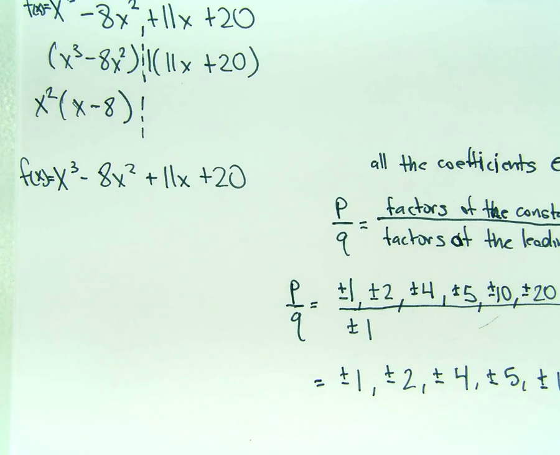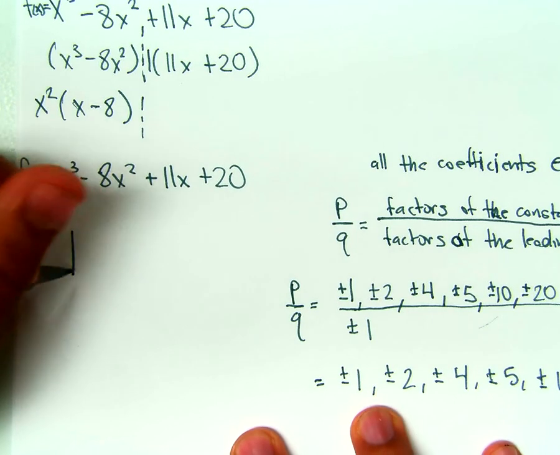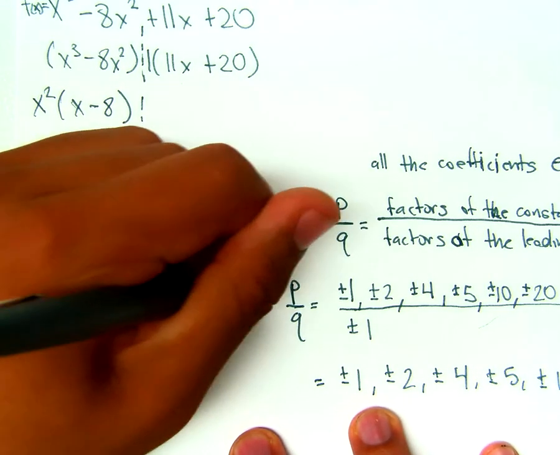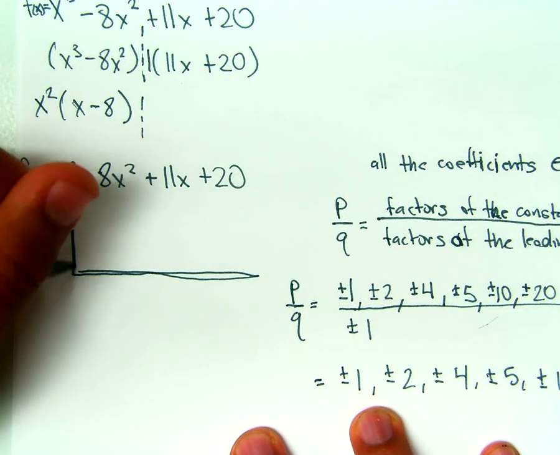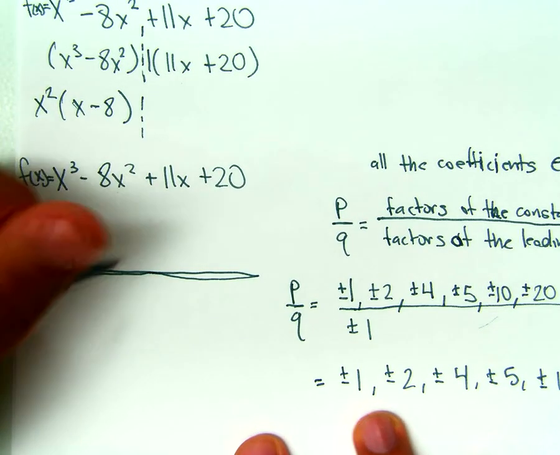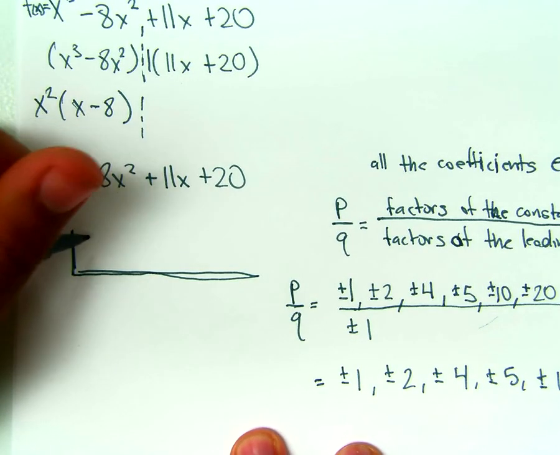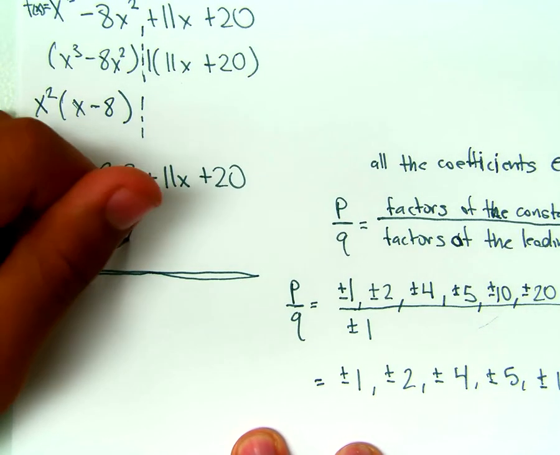So we're going to use synthetic division, and we're going to test these until we find our solutions. So I'm going to draw our magical operator of synthetic division. Then we write our coefficients.